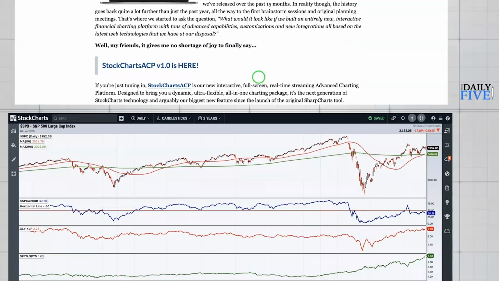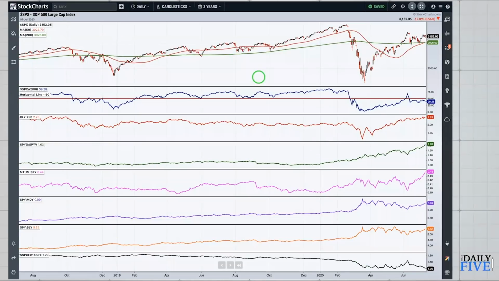First up is something I like to call my ultimate S&P 500 chart. What's interesting with this chart, specifically about the ACP platform and the view that you're seeing, is that this is with fit to window mode on. Fit to window mode is these little arrows up here in the top corner, and it takes the entire chart, and if you have a tall chart like this, it scrunches it down and puts it all in the window.